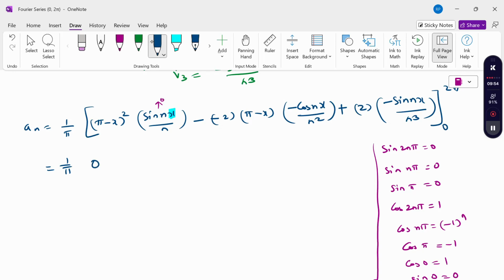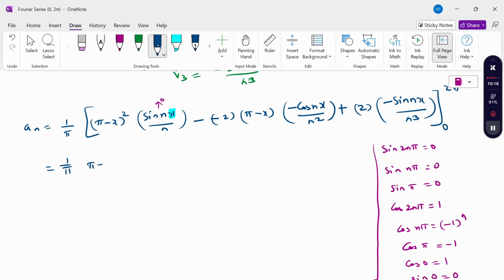then minus of minus plus, plus into minus, minus. When I substitute 2 pi here, it is minus pi, and here when I substitute cos 2n pi, or one line, for the first understanding purpose I should write everything, but don't do that.